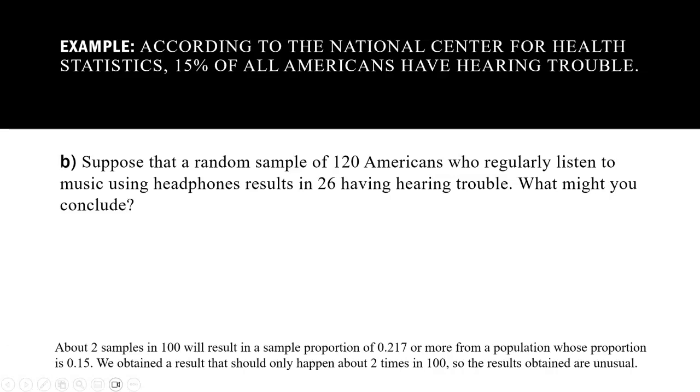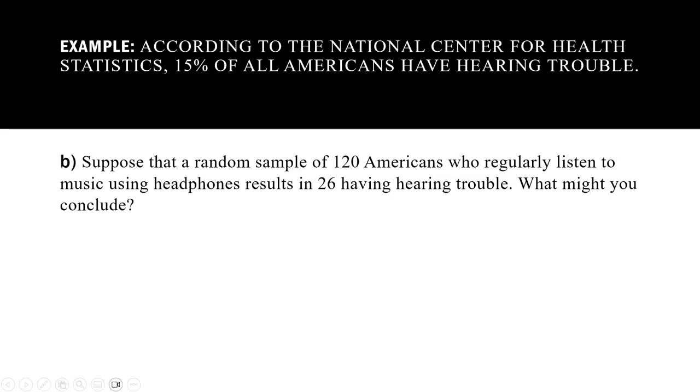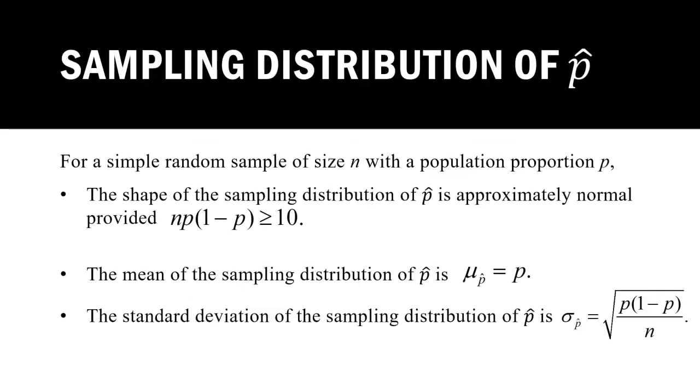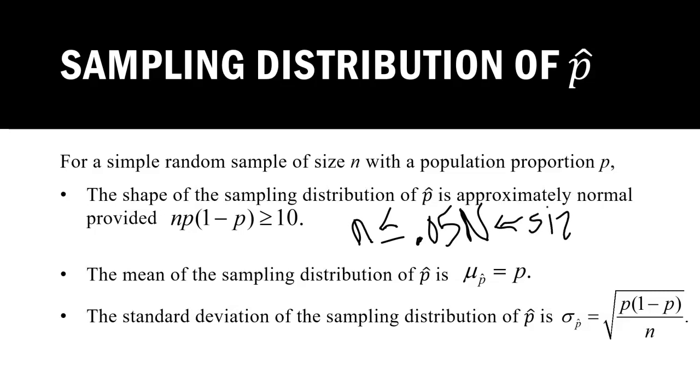Okay, and there is one thing I need to go back and clarify that was mentioned in the part 1 video, and that was where we talked about the shape of the sampling distribution being approximately normal if n times p times 1 minus p is greater than or equal to 10. Well, there's actually a second criterion that I forgot to mention, and that second criterion is that n has to be less than or equal to 0.05 times N, where this capital N is the size of the population, okay?